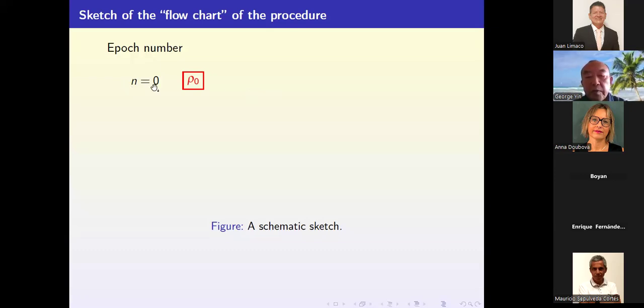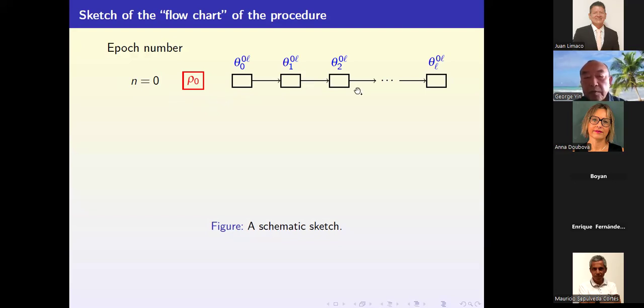So start from n equal to 0. I'm using a step size rho 0, and then we run through the calculation of those theta. So this is one level doing this. After you've done this calculation, you update your learning step size rho 0.